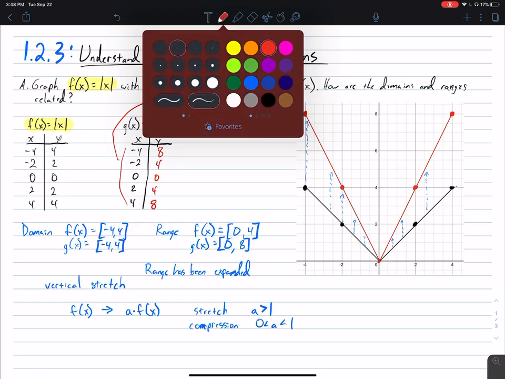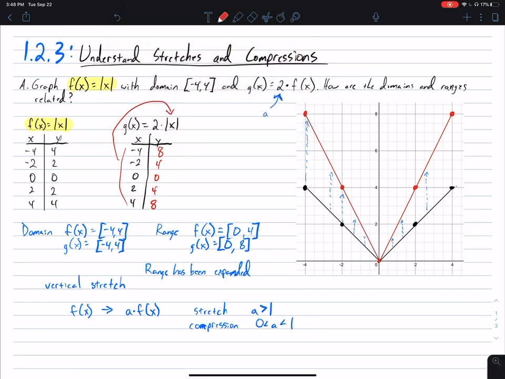Now, because this is math and this gets even more confusing, let's say that there was a negative in front of that a. We're going to disregard that. Okay, that negative, as we mentioned in the last series of videos, those negatives are going to affect reflections. So when we're looking at stretches and compressions, we're only looking at that a value in front. We don't care about that negative.